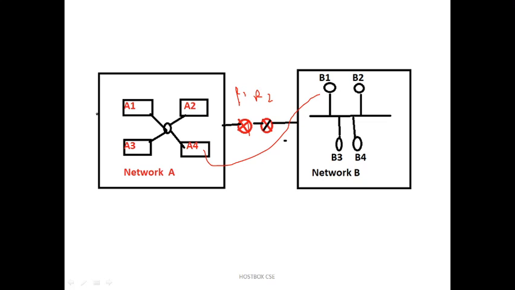Whenever the data transfer happens from A4 to R1, R1 to R2, and R2 to B1, all of it happens with the help of the data link layer only. Stage to stage, from A4 to R1 the responsibility is the data link layer, then R1 to R2 the responsibility is the data link layer, and R2 to B1 as well. These are the things about host-to-host delivery.